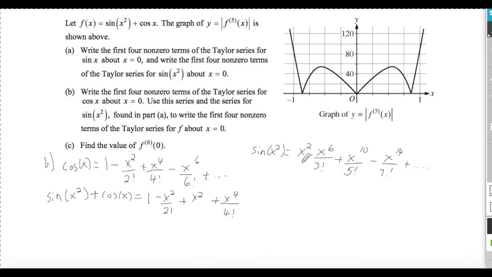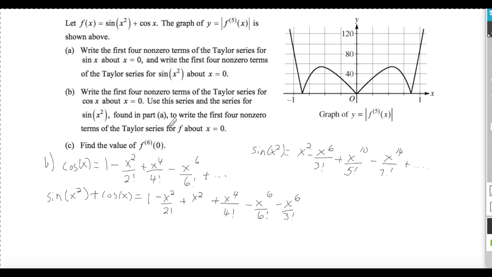Minus x to the 6th. X to the 6th does have a buddy over here, so I'm going to say minus x to the 6th over 6 factorial, plus a minus over there too. Actually, it's a minus x to the 6th over 3 factorial.